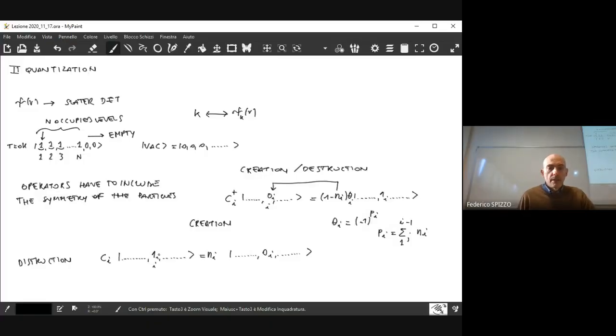Differently, if the initial occupancy is 0, then you may not destroy an electron that is not there. So the action of the operator gives you 0, so no action. Then, to guarantee also the right sign of the final state, we have, again, theta I here, and theta I is exactly the same definition of the theta I that I used before.